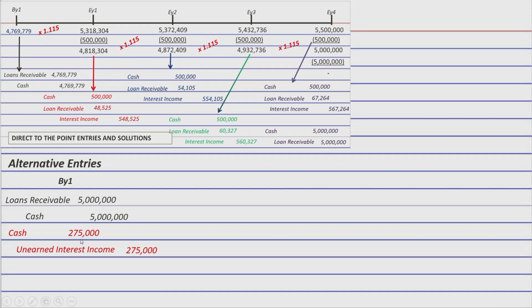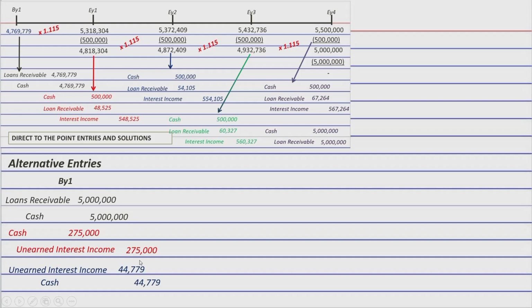Now, aside from those two entries, another entry is also made for the direct origination cost actually incurred by the creditor. That's debit unearned interest income for 44,779 and then credit cash for 44,779, which is also mentioned in the sample problem.